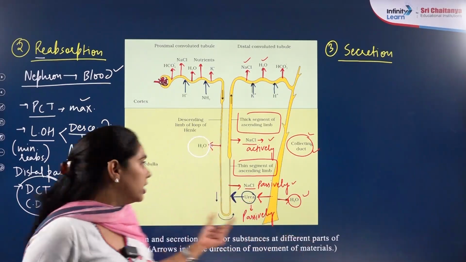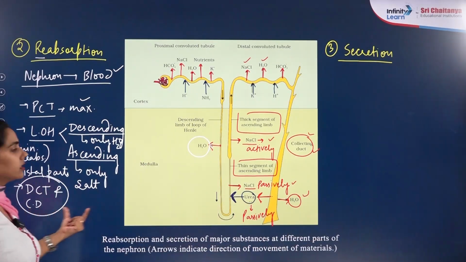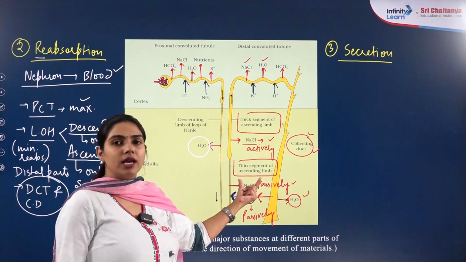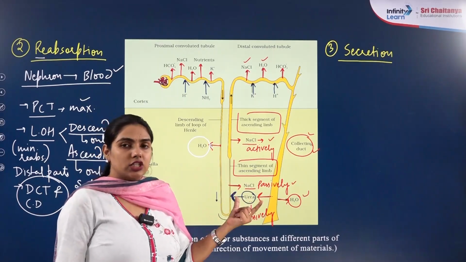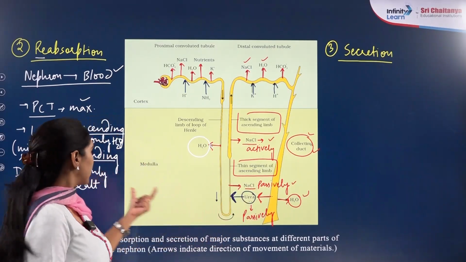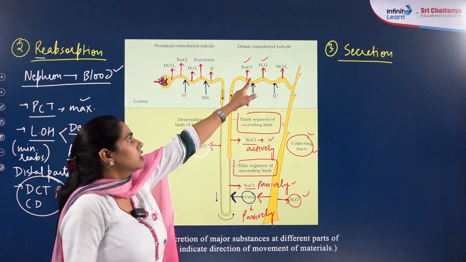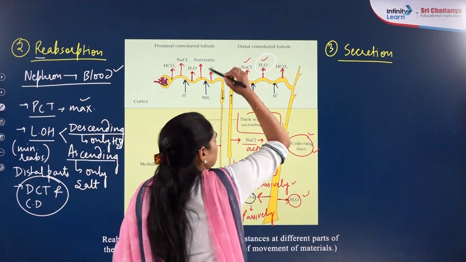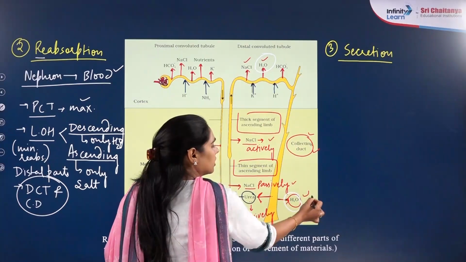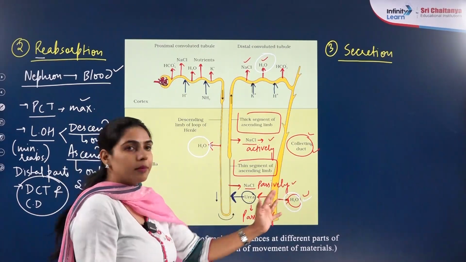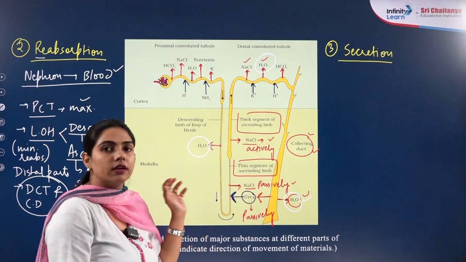When aldosterone acts on the DCT and collecting duct, then sodium chloride will be reabsorbed. And when ADH, anti-diuretic hormone, acts on the DCT and collecting duct, then water will be reabsorbed. So here you can see water, right? Here also you can see water is being reabsorbed. It is coming out of the nephron, reabsorbed.